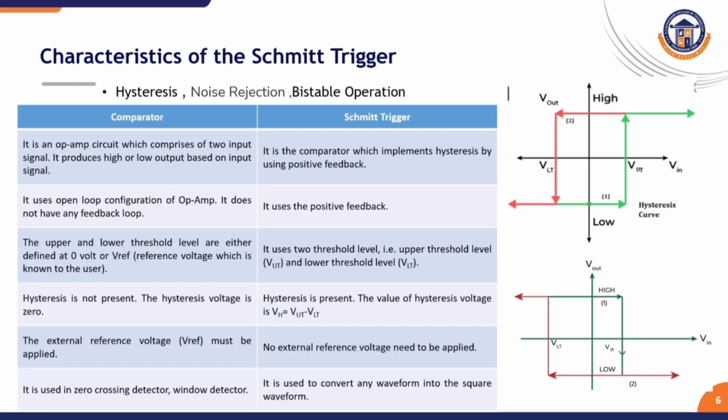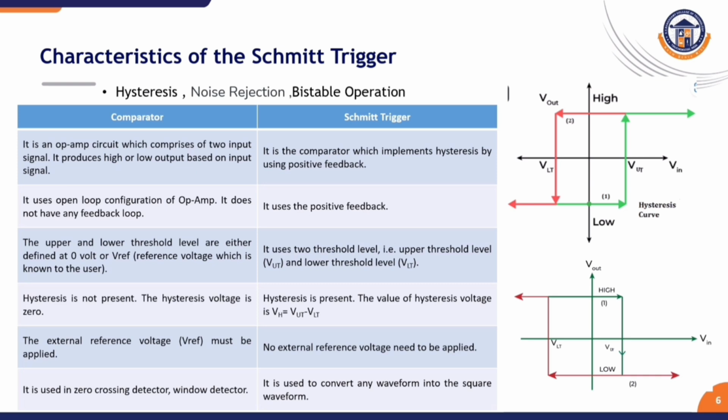Now the waveform interpretation. This graph shows the characteristics of the inverting Schmitt trigger as well as the non-inverting Schmitt trigger. The inverting Schmitt trigger will produce the output like this. The green color shows the upper threshold limit, and the red color shows the lower threshold limit values and the corresponding output.